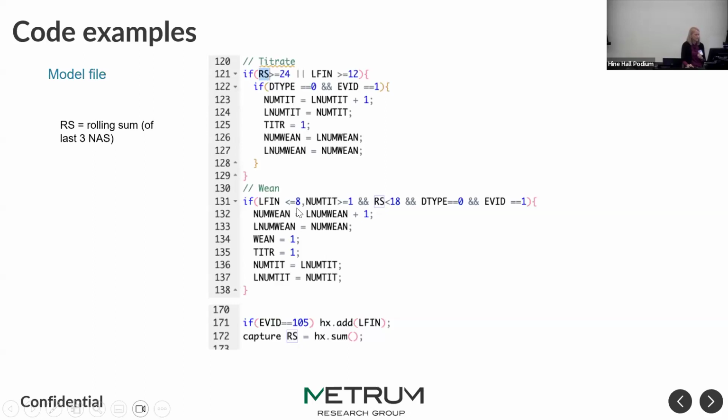Below, similar for weaning: if a single score is less than or equal to 8, or the rolling score is less than 18, then we can begin to wean. We use these D-type and EVID flag variables to keep track of our dosing events, and do some housekeeping with this EVID flag of 105. Then we capture, for every line in our data set, our rolling sum of our Finnegan scores.